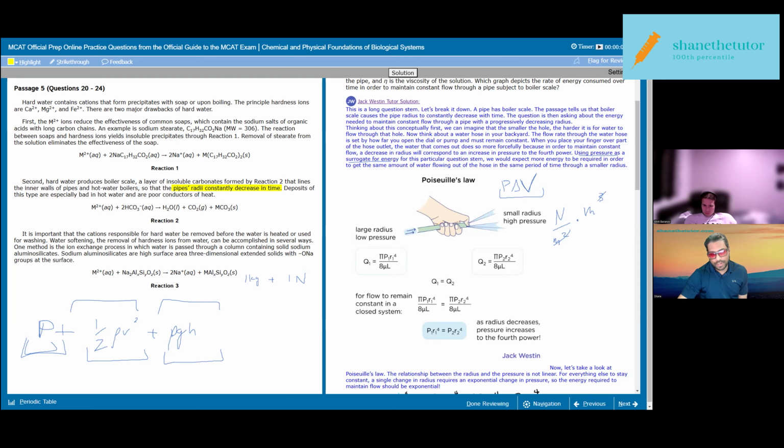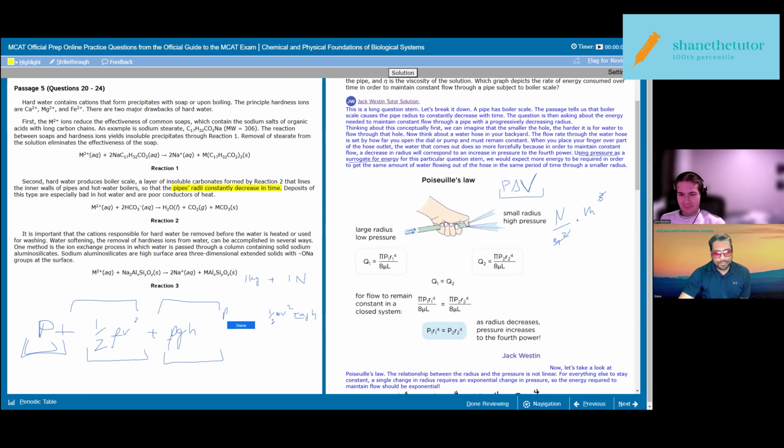Over here, do you remember how this is just like one half mv squared plus mgh? How do we go from the mv squared and mgh to the rho terms? We multiplied by 1 over V. So you're saying divide by volume, right?